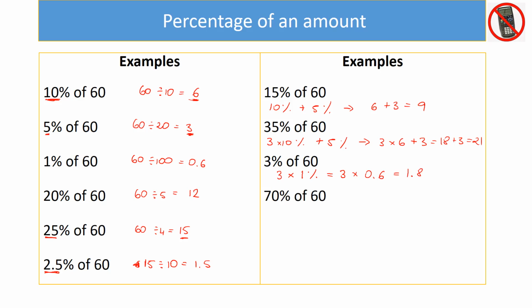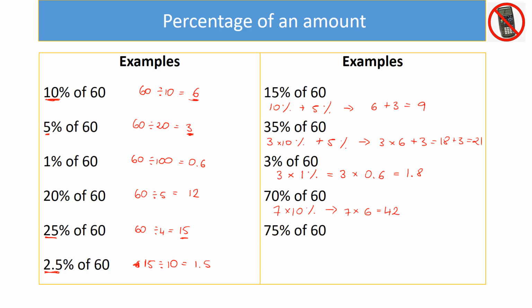If I want to work out 70% of 60, I can multiply 7 times 10. Working out 10% is quite straightforward, so then I need to times it by 7. So 7 times, and then 10% is 6. So 7 times 6 is 42.